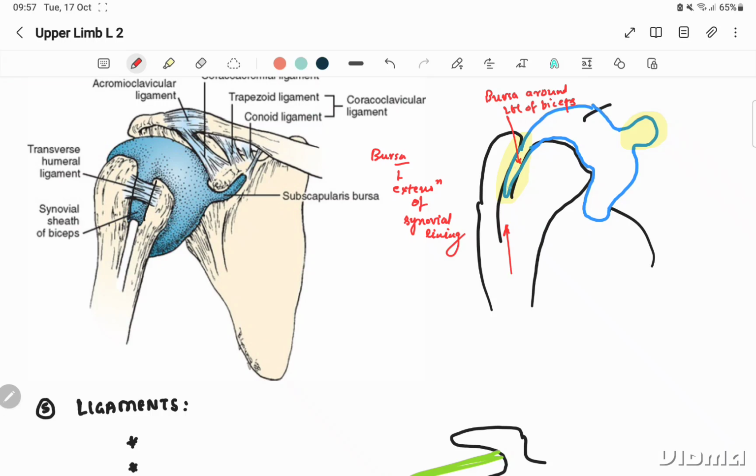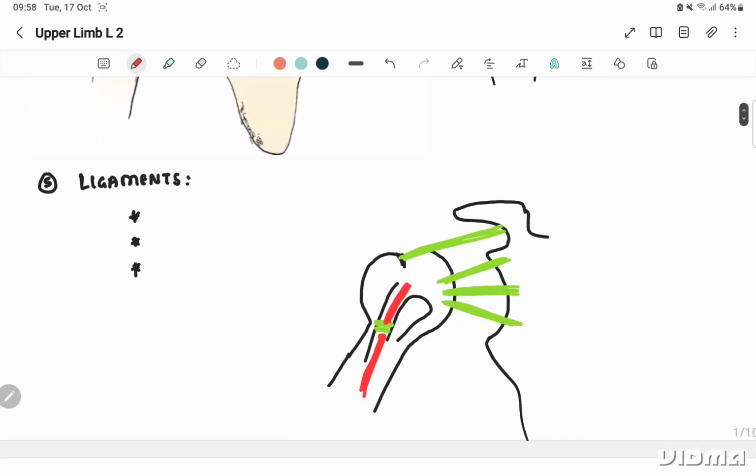So we know that the long head of biceps passes via this. So the bursa is formed around this, and this lies deep to the subscapularis muscle. So this is called as subscapular bursa. And this whole part, starting from here to including the subscapular bursa and here, this is the synovial lining of the shoulder joint.